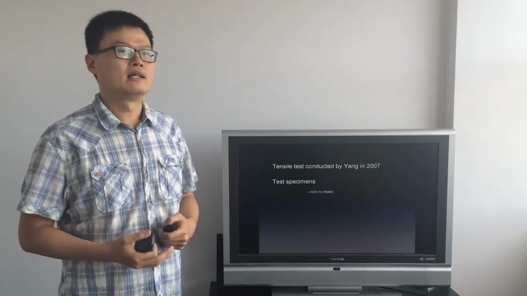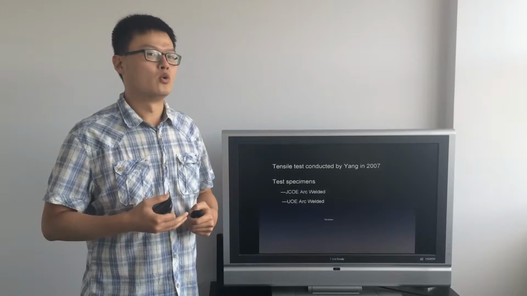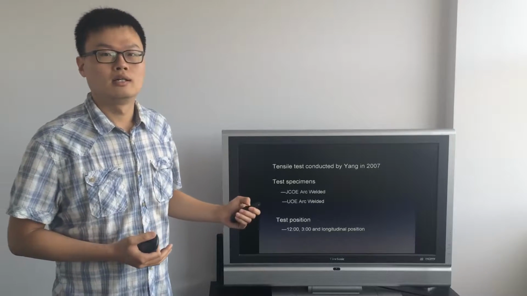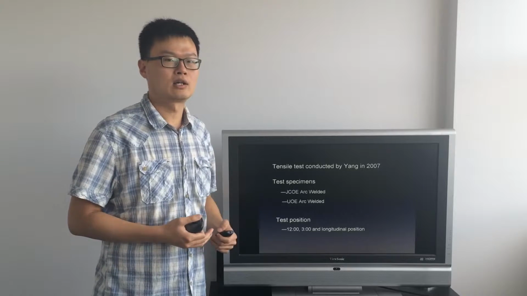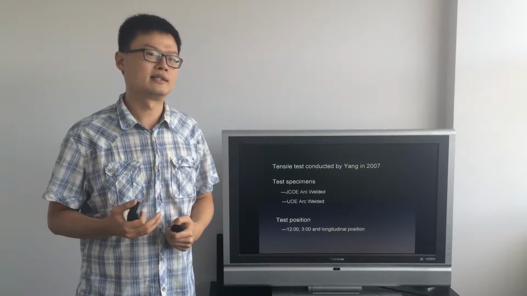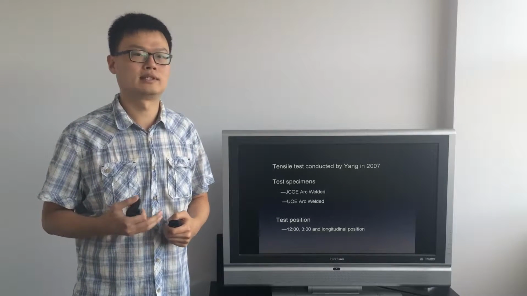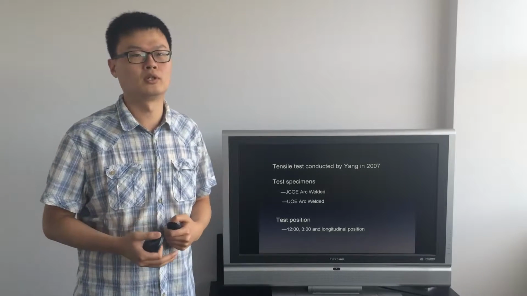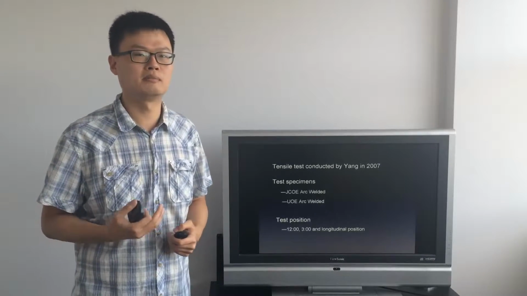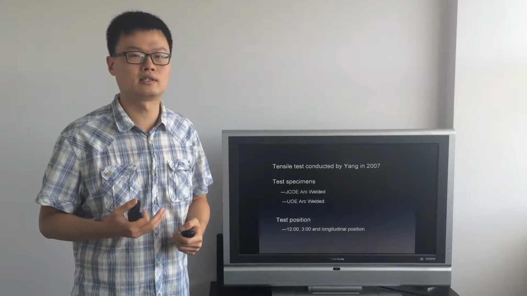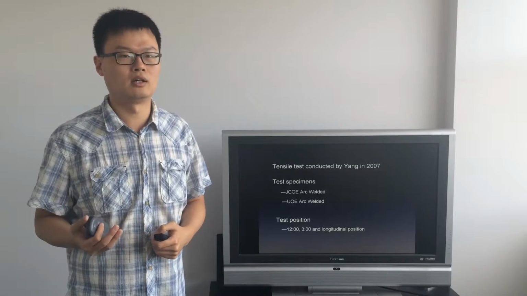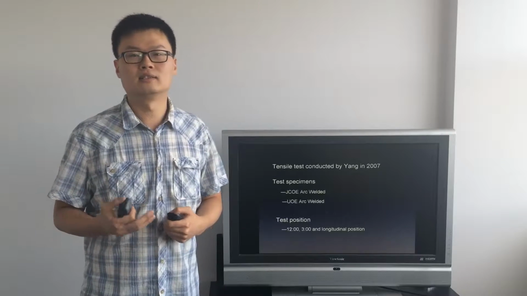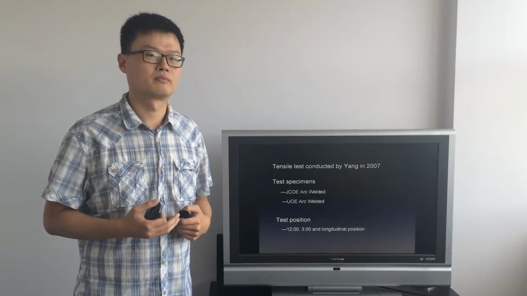A similar study was conducted by Yang, who researched various shapes of pipeline pipes, including the submerged arc-welded pipes, which consist of steel plates made by the JCOE and UOE forming processes. The specimens for the tensile test were cut at the 12 and 3 o'clock positions and in the longitudinal direction.